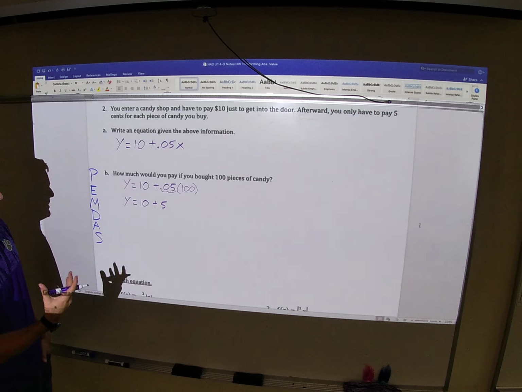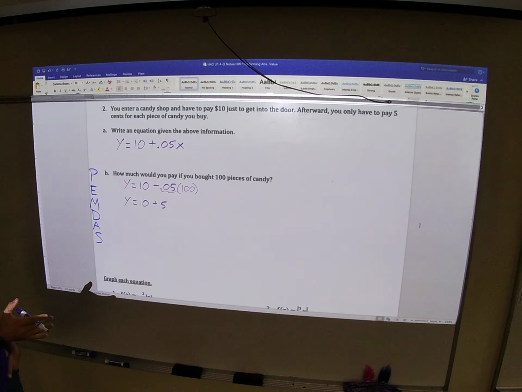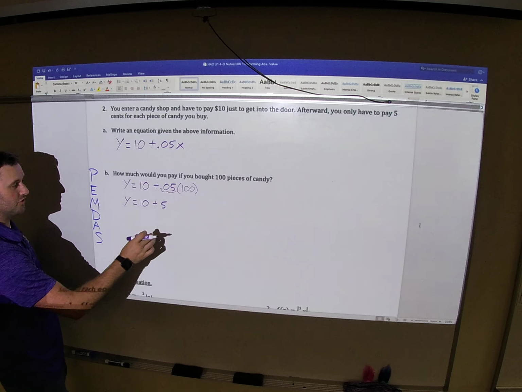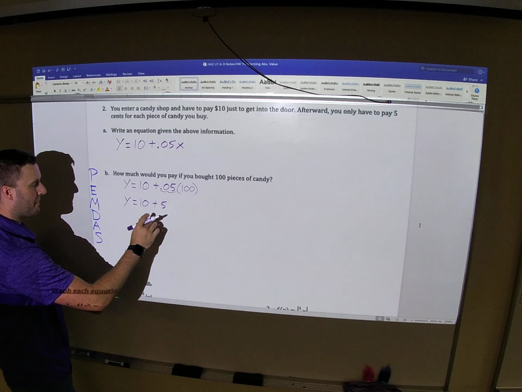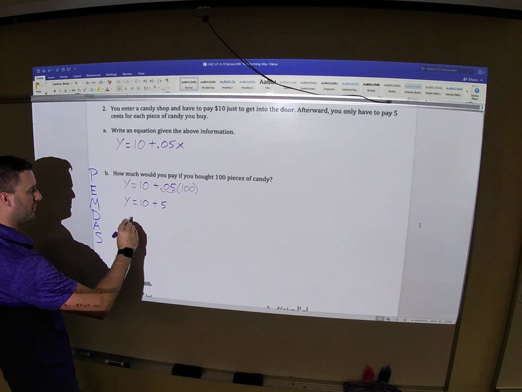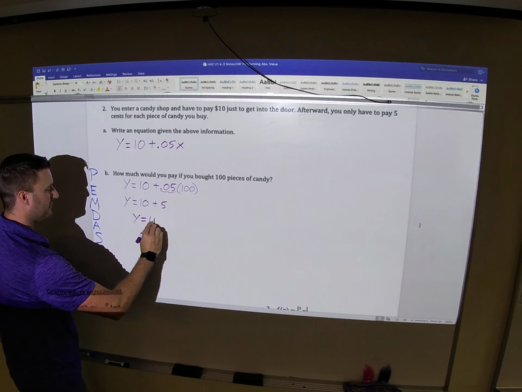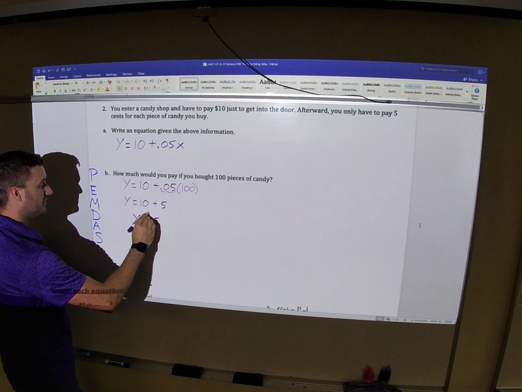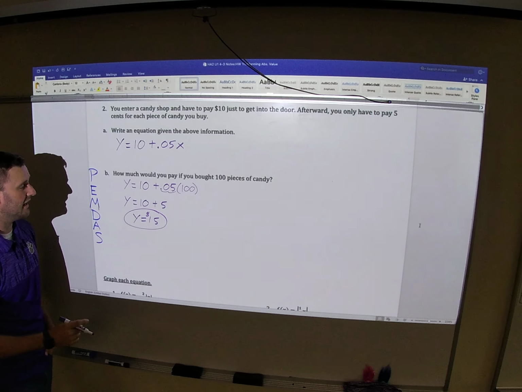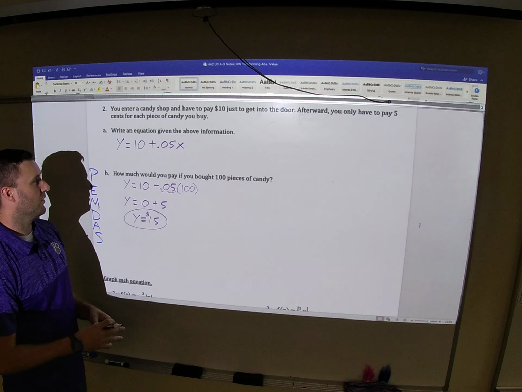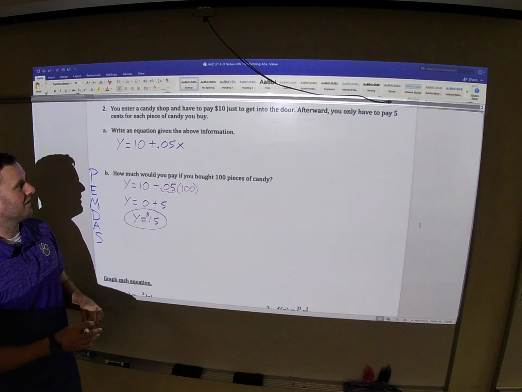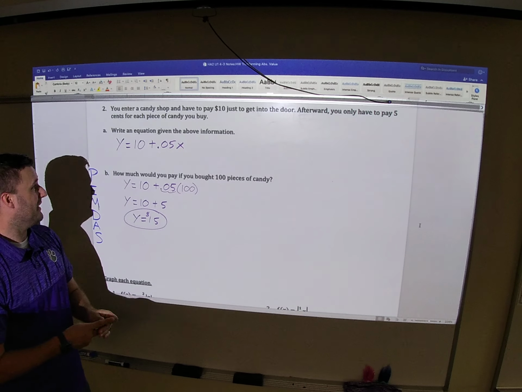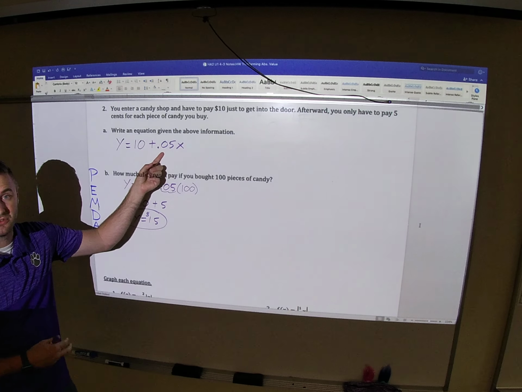So, if they were a nickel each, and I bought 100 pieces of candy, that would be $5 just for those pieces of candy. But remember, I had that $10 getting into the door. So 10 plus 5, I would spend $15. So in a situation like this, the more you buy, the better it's going to be. If I walked in and paid $10 and only bought one piece of candy, I'm going to pay $10.05 for that one piece of candy.